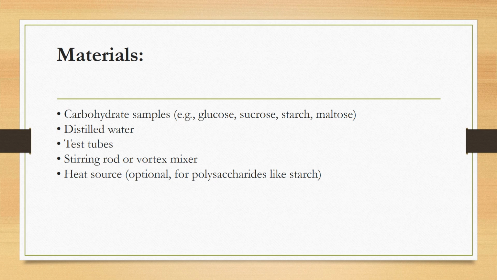As you know, glucose is a monosaccharide, sucrose is a disaccharide, starch is a polysaccharide and maltose is a disaccharide. We also need distilled water, test tubes, a stirring rod or vortex mixer, and a heat source, which is optional, since polysaccharides like starch need some heating.